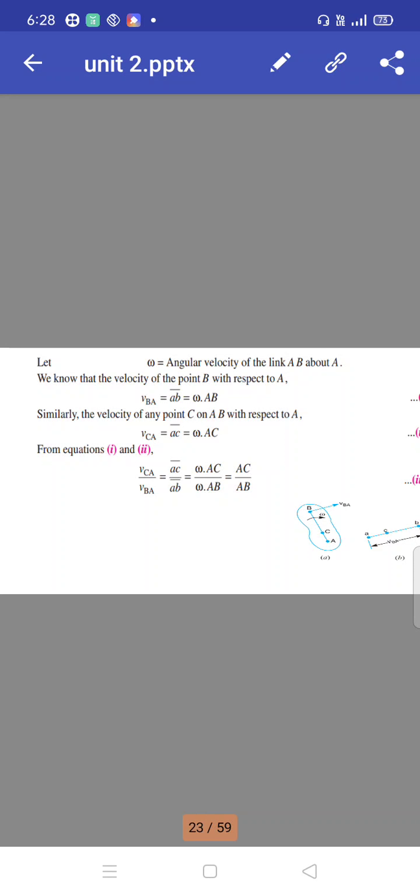Similarly, the velocity of any point C on AB with respect to A, VCA, is equal to AC times omega. From equations 1 and 2, VCA by VBA is equal to AC divided by AB, which is equal to omega times AC divided by omega times AB. The omega cancels, so we can write AC by AB.